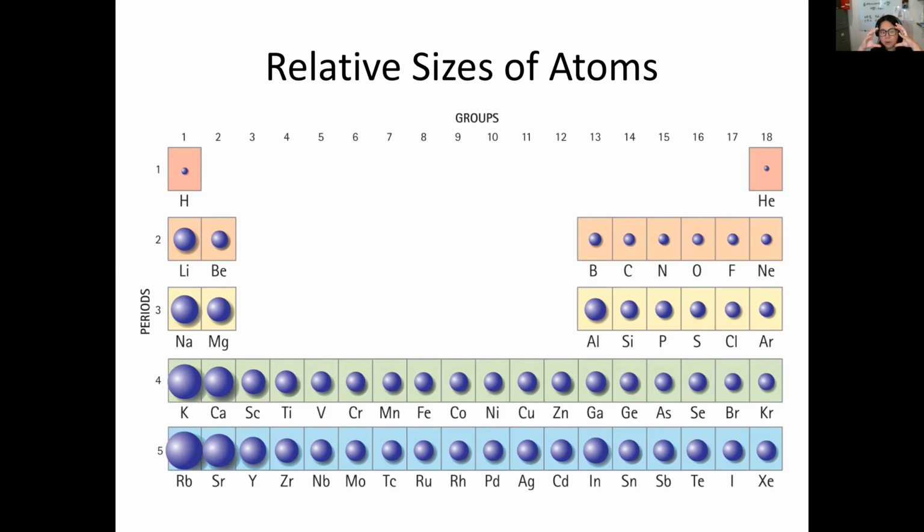However, from lithium to neon on the second row, moving from left to right, it decreases again. Then from neon to sodium, the size increases again, and then decreases as you go from left to right. And when you go down, it increases. So that's the reason why atom sizes range from 1 angstrom to 5 angstrom. It doesn't really go from 1 to 118.